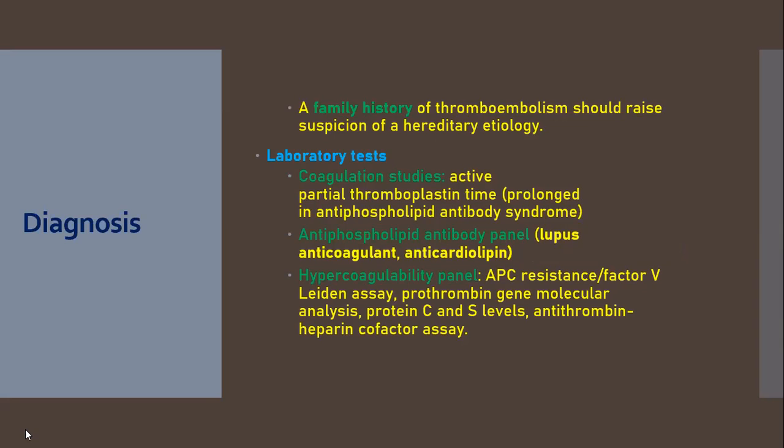And how are we going to diagnose these conditions? Family history is one of the very important parts of diagnosis. So taking a history from the patient is very important. Someone who has a family history of thromboembolism should be highly suspected of this condition.